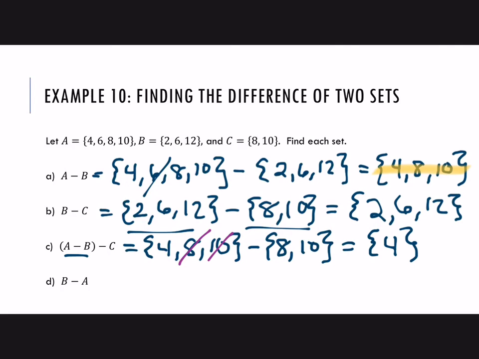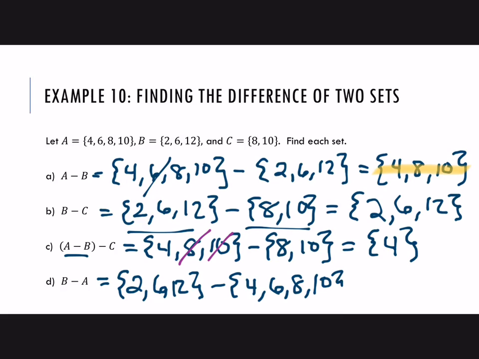Okay, and then finally B minus A. So we know A minus B, but this is like the exact opposite. This is all the elements that are in B that are not in A. Okay, so I'm starting with B, 2, 6, and 12, and I'm going to cross off any 4, 6, 8, or 10s that I see.